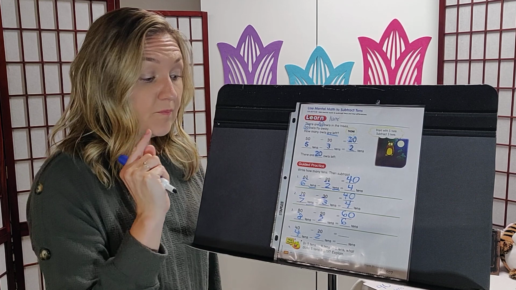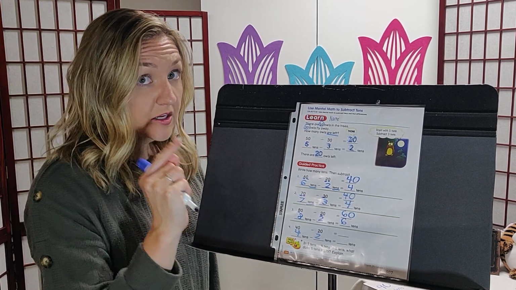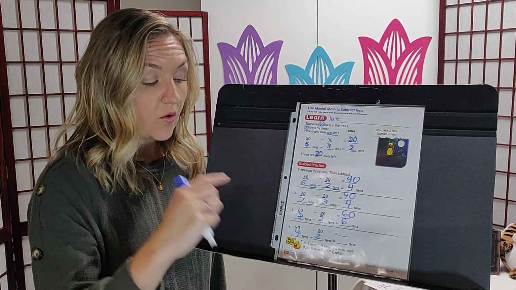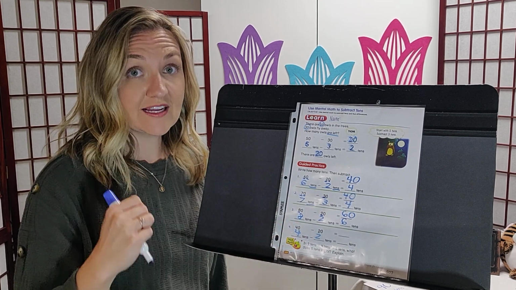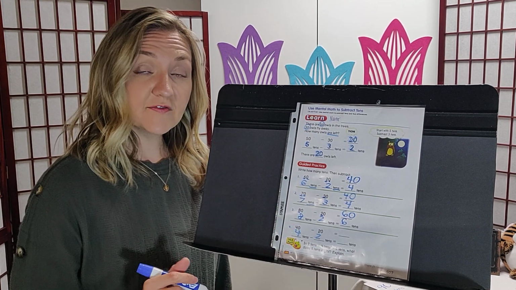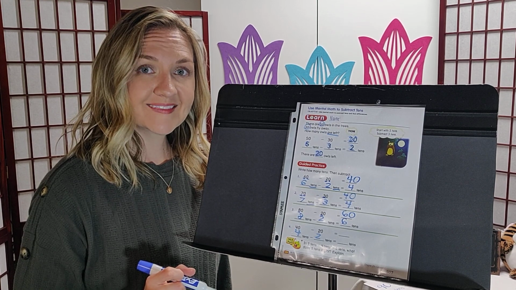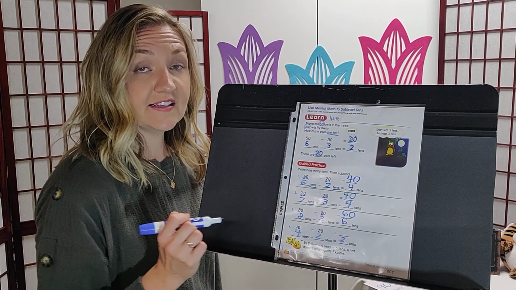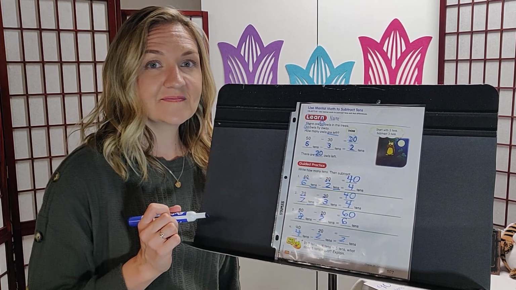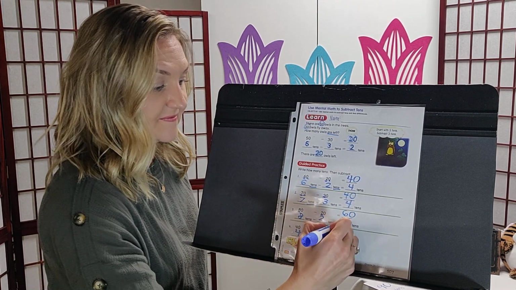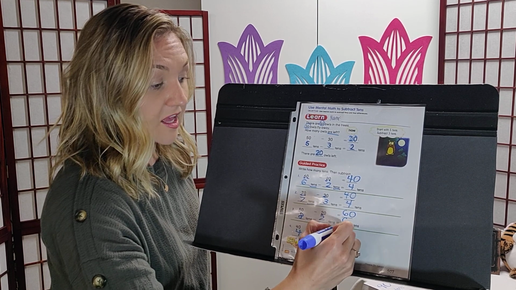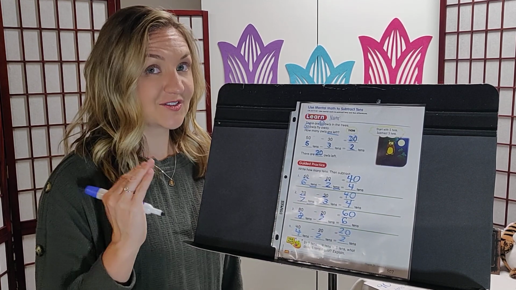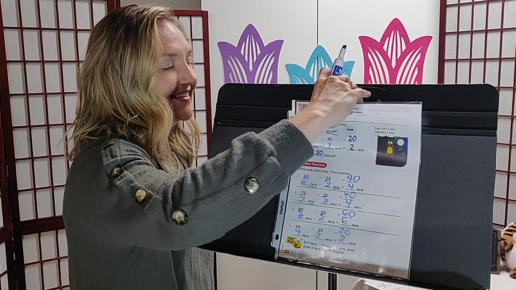You can use a number line, do this all in your head, or start with 4, hold up 2 fingers and count down. How many are left? 2. 2 tens is the same as 20. When you're ready, go ahead and turn to the other side.